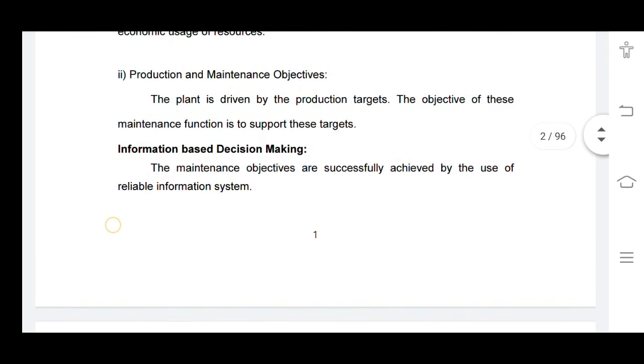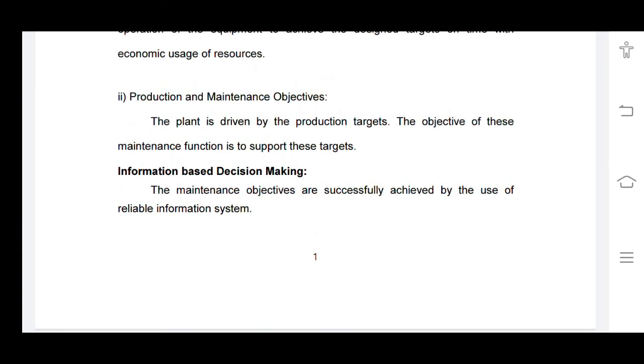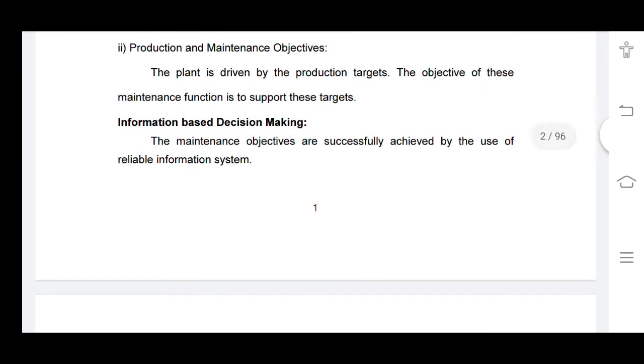What is interval availability? The fraction of the time in which the product or system is in the operational, non-failed state over a specified interval. Okay student. Then there is an important term, which is information based decision making.